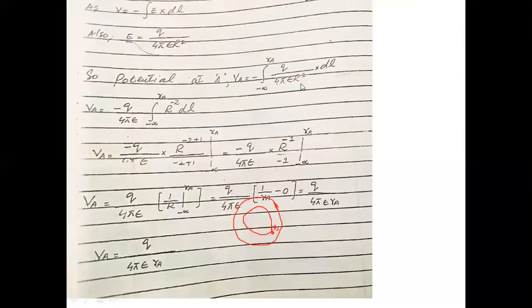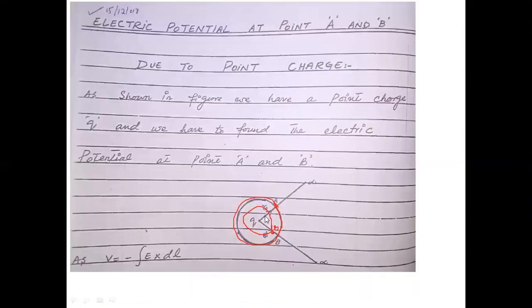RA is the radius for point A, and RB is the radius for point B.